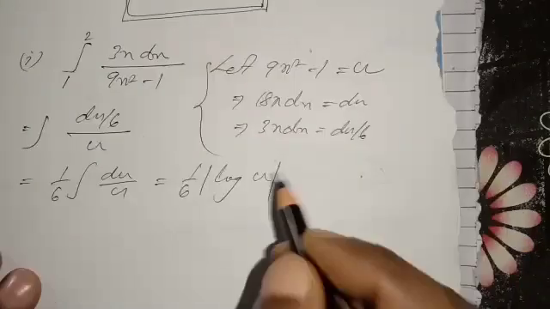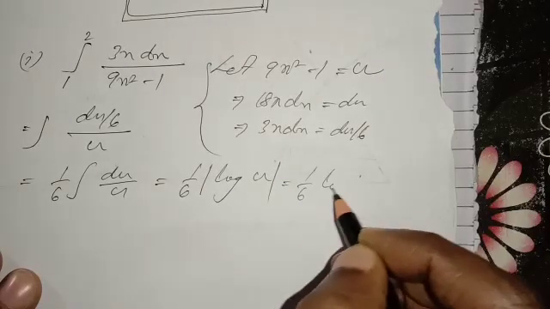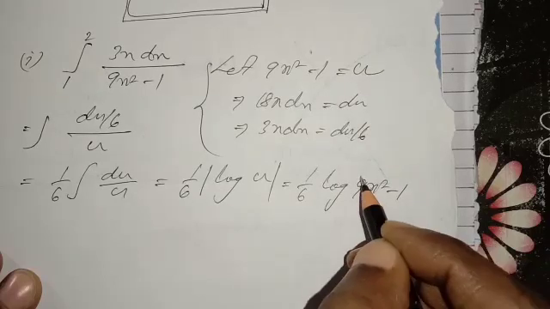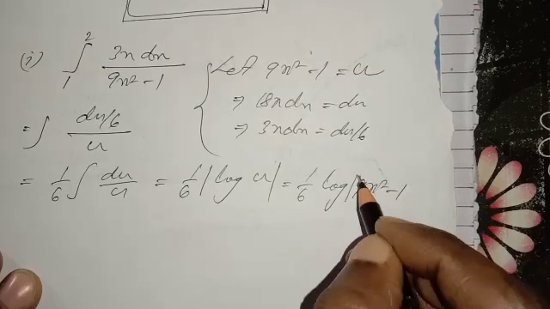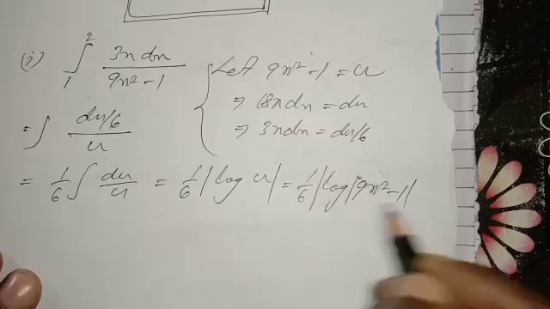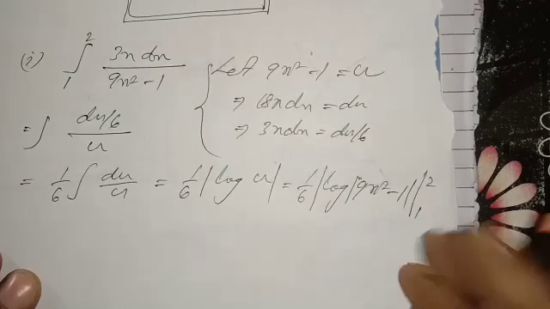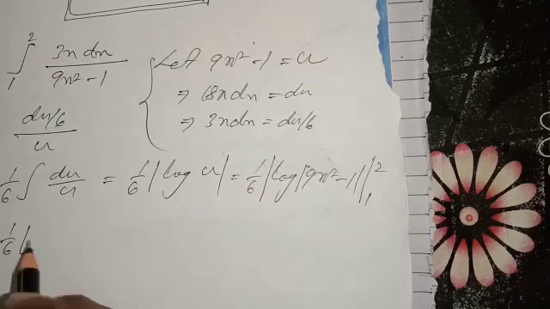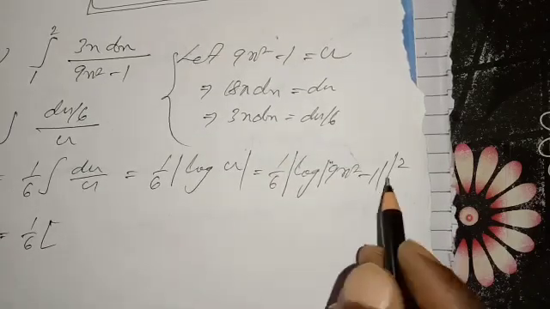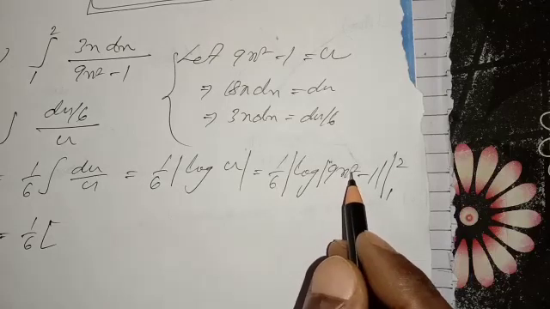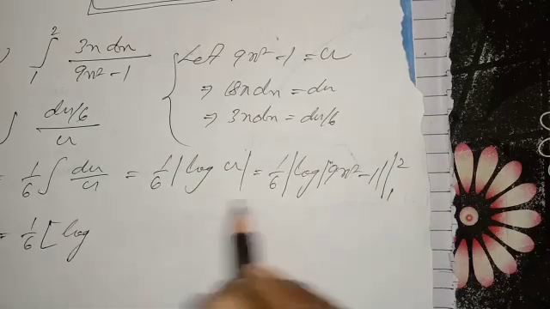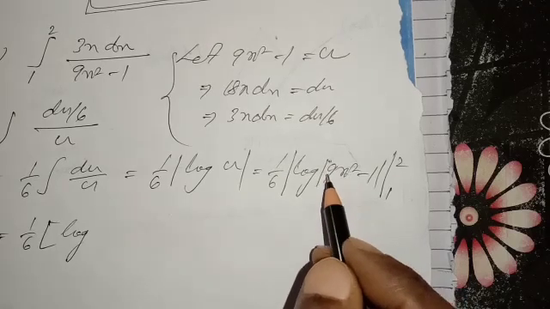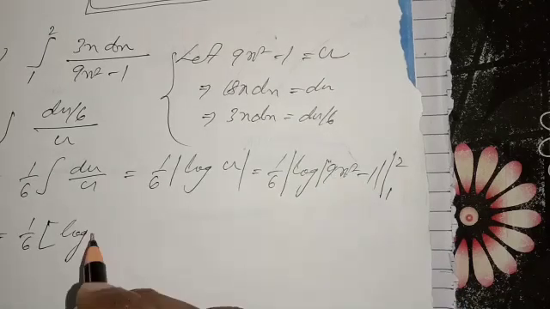Log u means 1 by 6 log u. You have to replace u, that is 9x square minus 1, and the limit is 1 to 2. After that, 1 by 6 upper limit value, putting x equal to 2 here, 2 square is 4, 9 fours are 36, 36 minus 1 is 35, log 35.